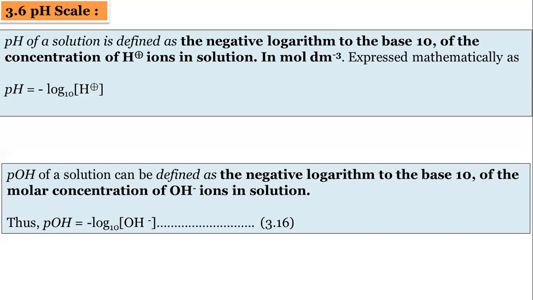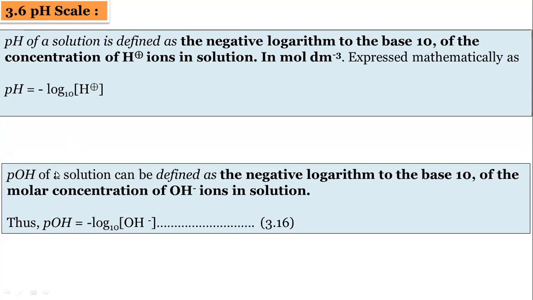The scientist Sorensen in 1909 defined the pH. This introduction part is not given, but remember the name of the scientist who discovered pH and pOH. The name of the scientist is Sorensen. So pH is nothing but the concentration of H+ ions, and pOH means the concentration of OH- ions.